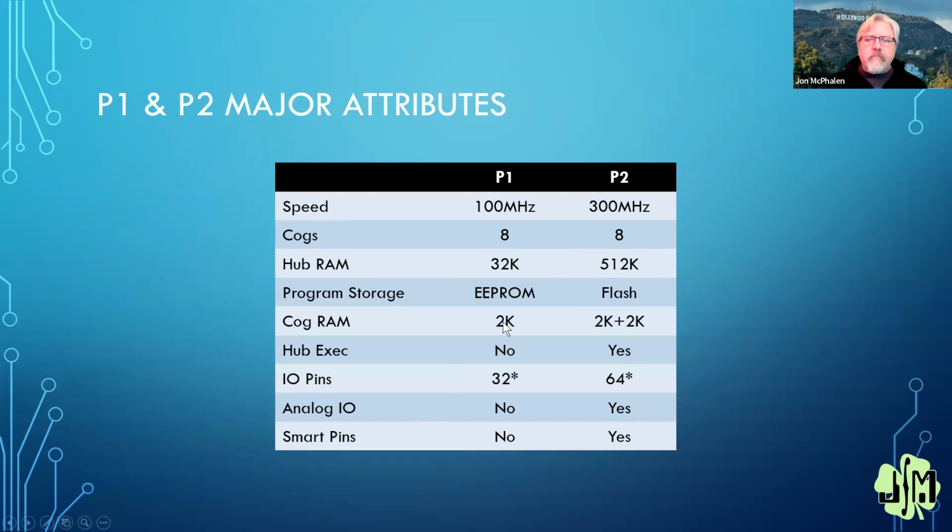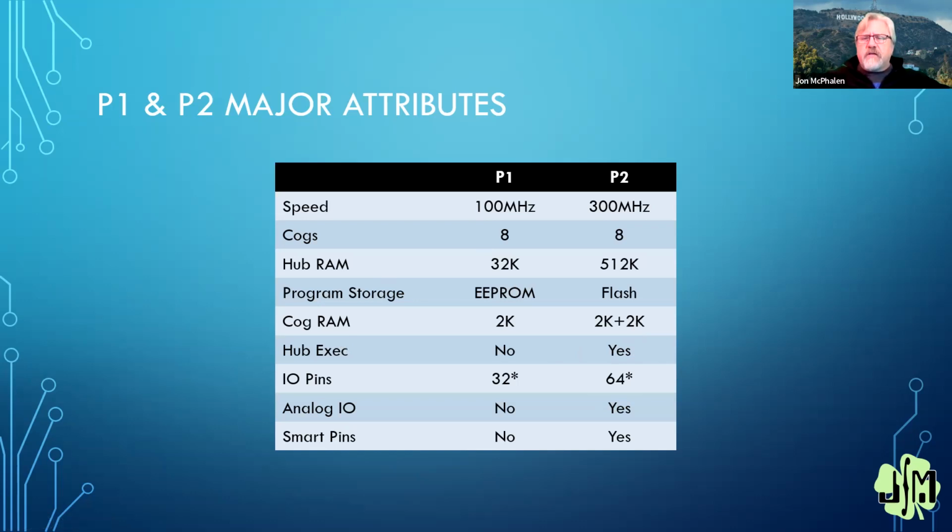The cog RAM, so remember we have 8 cogs. I did already say that. The cog RAM in the P1 is 2K. It's 4K divided into 2 sections in the P2. A cog can run code out of the hub, which means you can have essentially an unlimited assembly program.